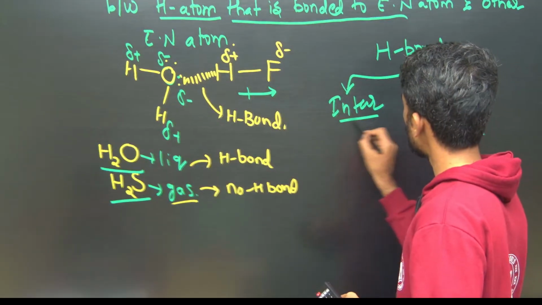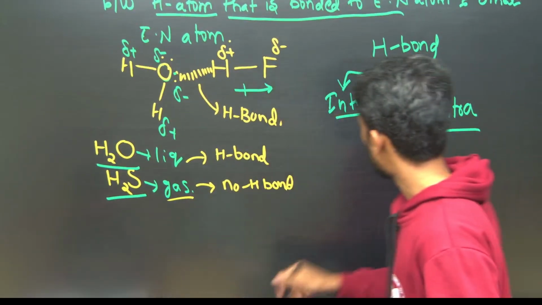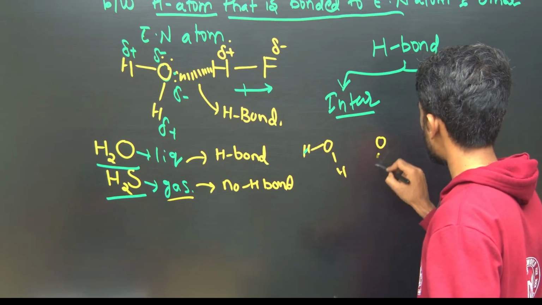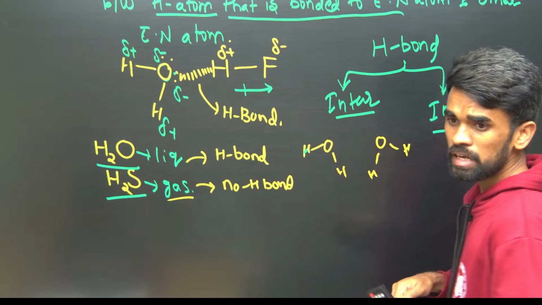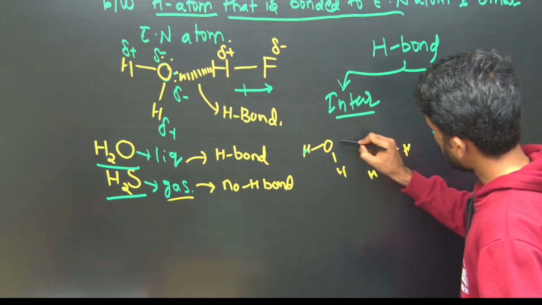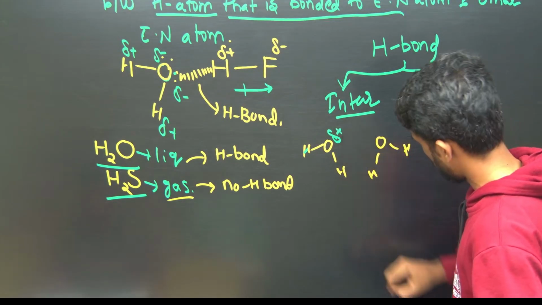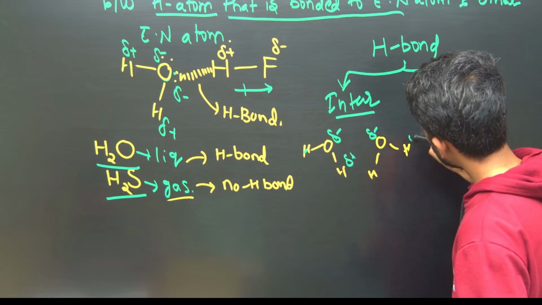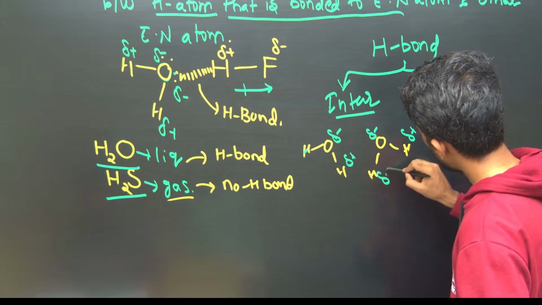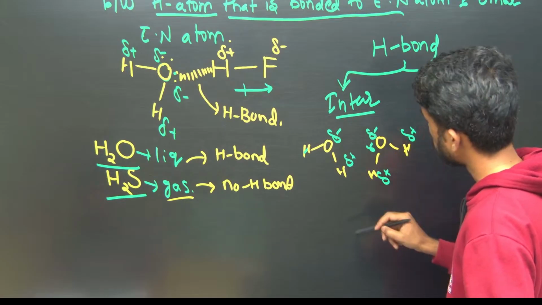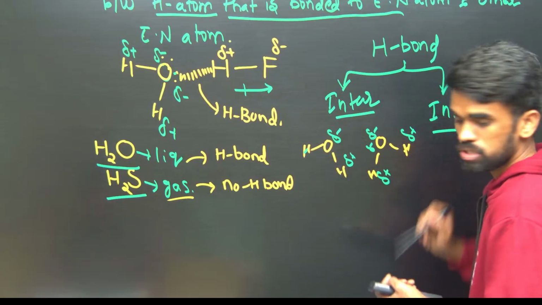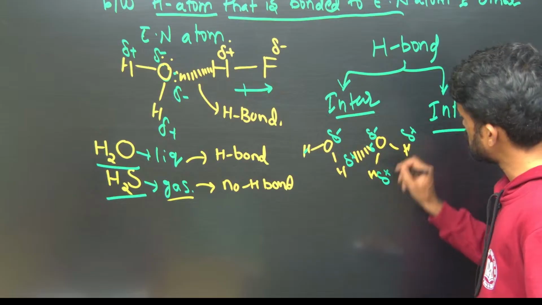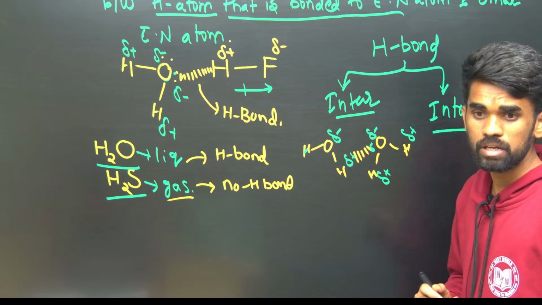Between two molecules means, for example, I have water molecules. This is one water molecule and this is another water molecule. This will get polarized like this, here negative, this positive, this positive, this negative. Between this hydrogen and this oxygen, do we have electrostatic forces or not? Yes. So this is what we consider a hydrogen bond.